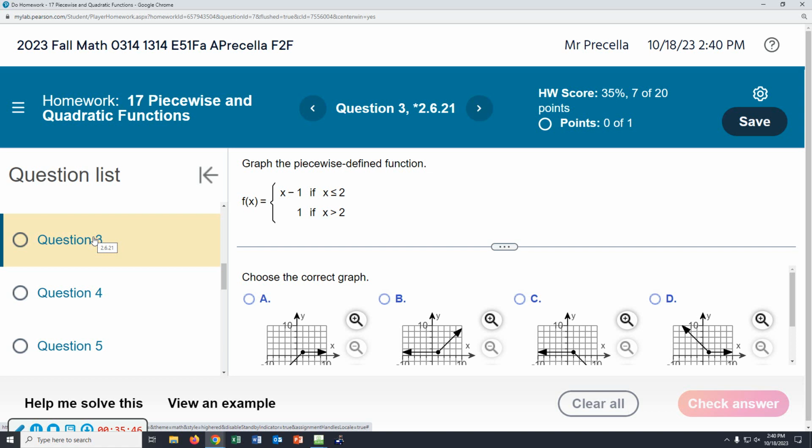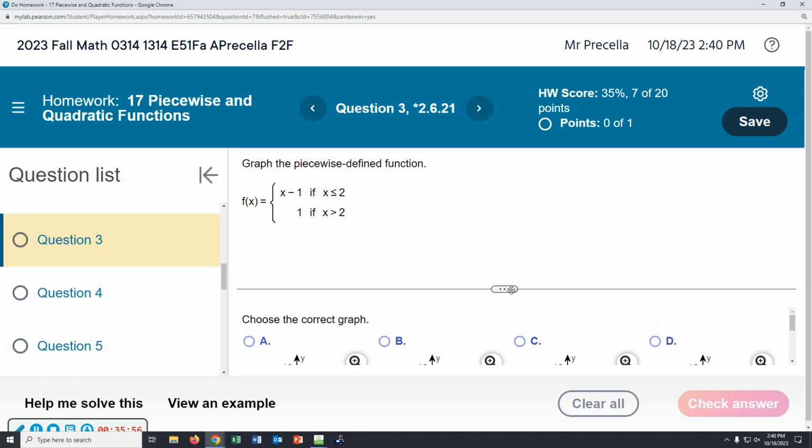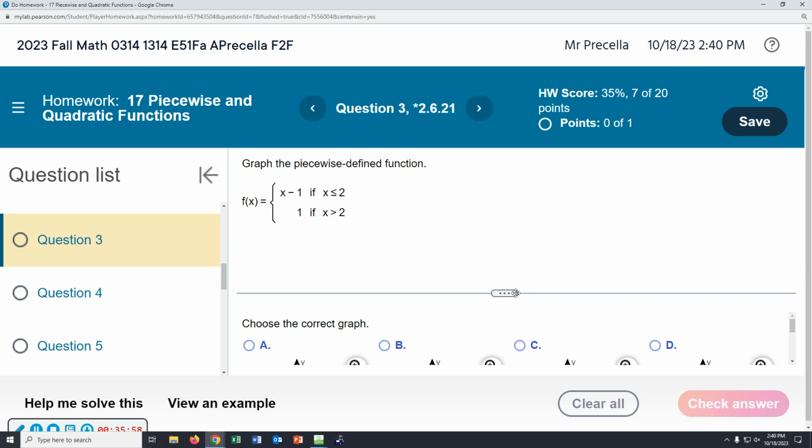F of x is equal to, we'll use the piece x minus 1 if x is less than or equal to 2. And we'll use the piece 1 if x is greater than 2.